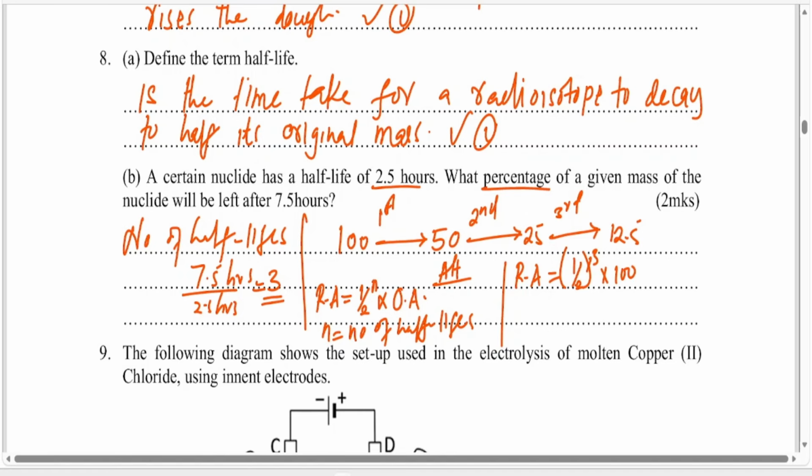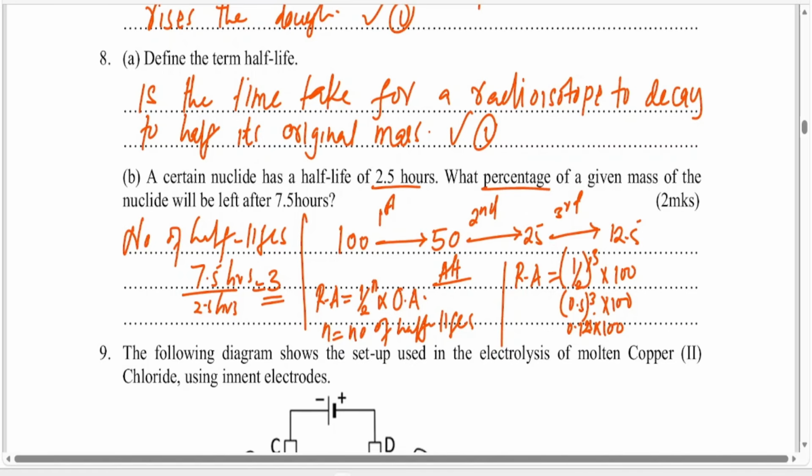When I look at this from a different perspective, I can convert 1/2 into 0.5. So it's going to be 0.5 power 3 multiplied by 100. When I work this out, I'm going to get 0.125.